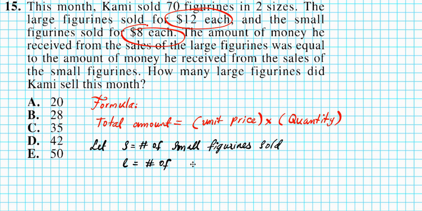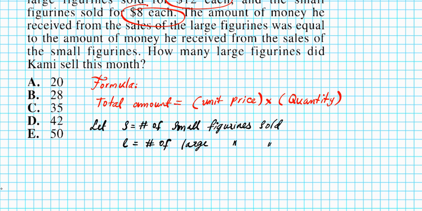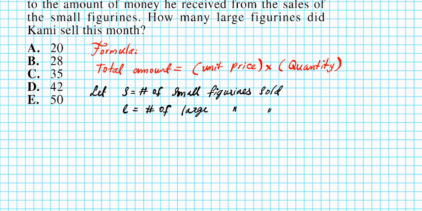Of large figurines sold. Okay, now we're going to set up a system of equations. We're going to set up a quantity equation and a sales amount equation. Then we're going to solve our system of equations.